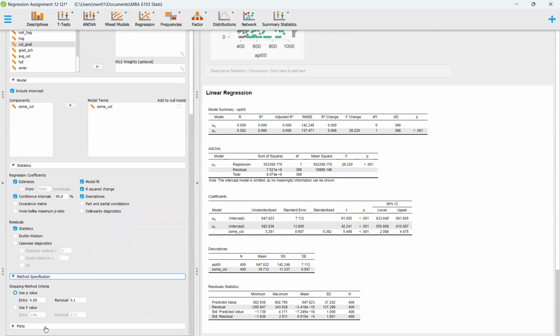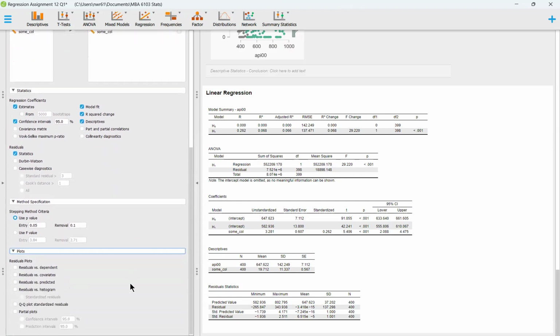Methods back, left it as use p-value, and then the plots. I don't know how to describe this. They give you specific information, but I'm just not entirely sure what that is specifically applying towards. I think that's because I don't really understand the difference between residuals and dependent slash covariates, predicted and histogram.